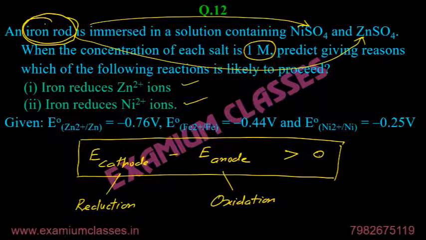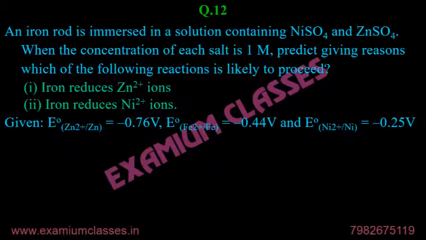The first one says iron reduces zinc, meaning zinc sulfate. If zinc sulfate is reduced, that reaction is taking place at cathode. So I'm writing here E cathode minus E anode.